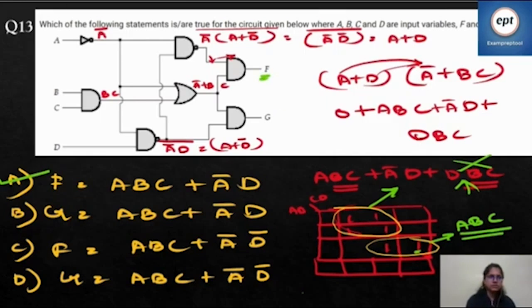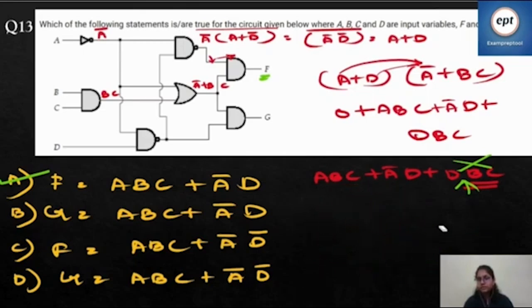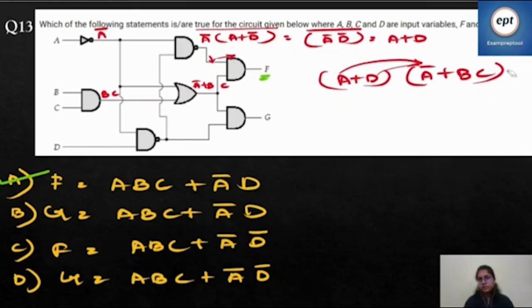Now let's see for the G. This is also one of the learnings you got: if you are not able to minimize the expression from here, use the K-map. There you can see which element is overlapping and which is not, which is the required, essential expression.